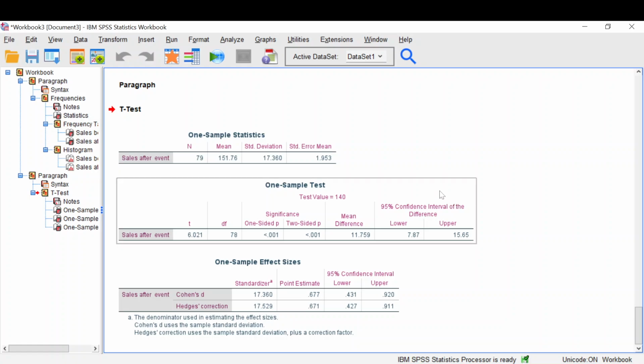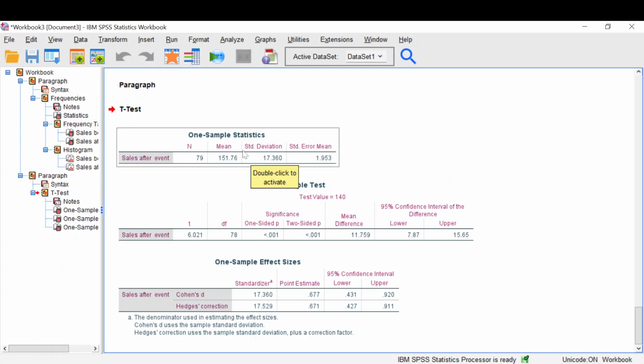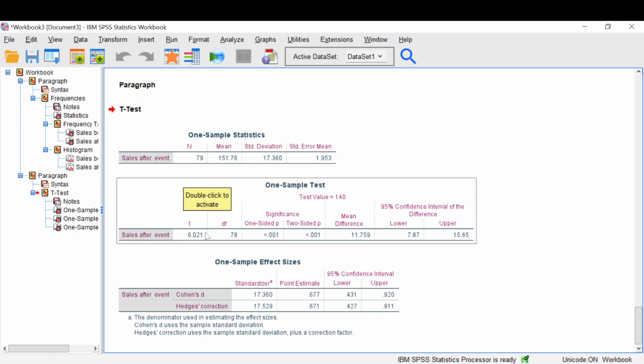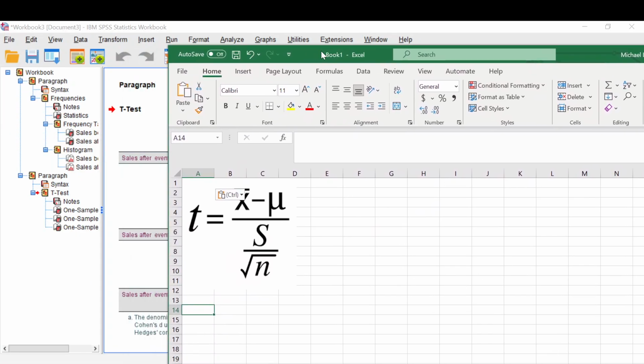And this is important because, as you know, the t-statistic, the formula for that is essentially, and I'll pull it up here, t equals the difference between the sample and the population means divided by the standard deviation, which itself is divided by the square root of the sample size.